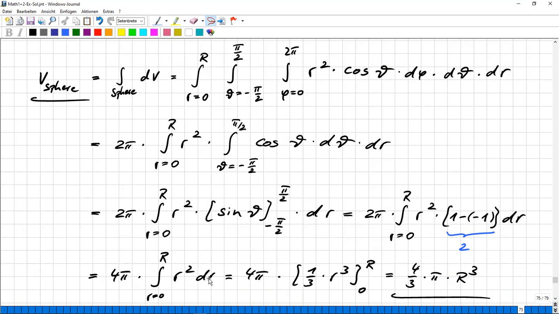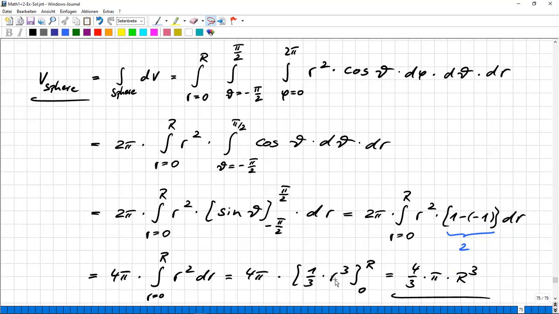Here it is, and of course the primitive function here equals R cubed over 3, and that's it. And there we have to insert the radius variable ranging from 0 to capital R, the radius of our sphere, which is fixed. So we insert capital R for the regular R first.